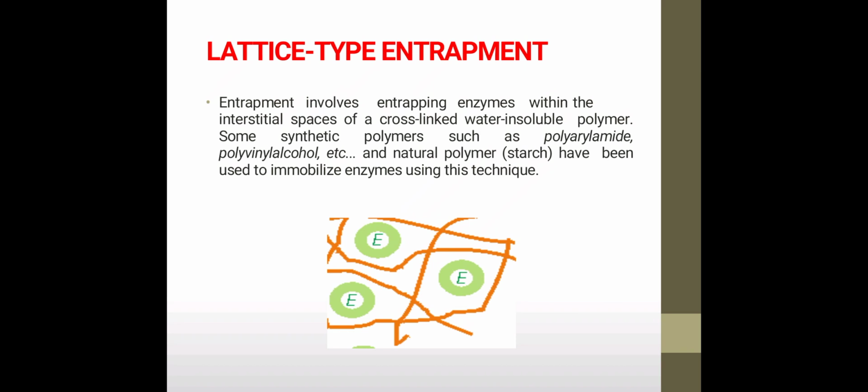Some synthetic polymers that can be used are polyacrylamide, polyvinyl alcohol, and some natural polymers like starch can be used to immobilize the enzyme using this technique. So this is called the lattice type of entrapment. So these enzymes will be added to the polymer matrix and will be found within the interstitial spaces. You can see that very clearly in this picture.